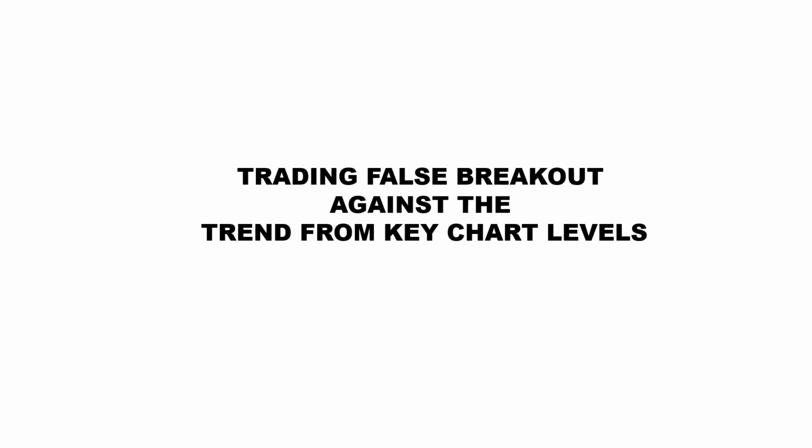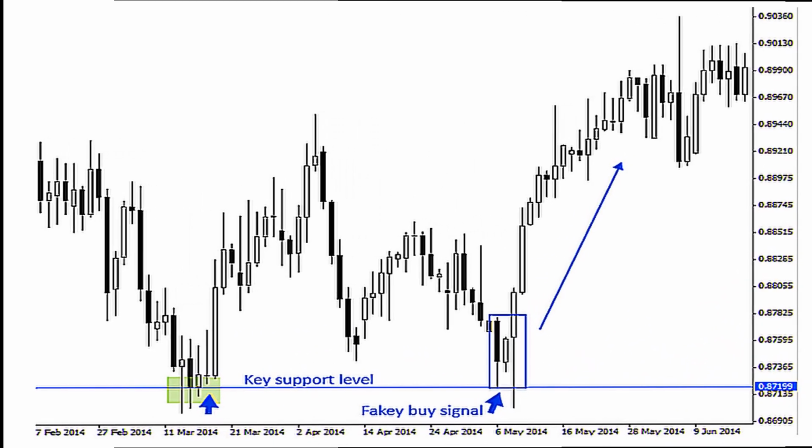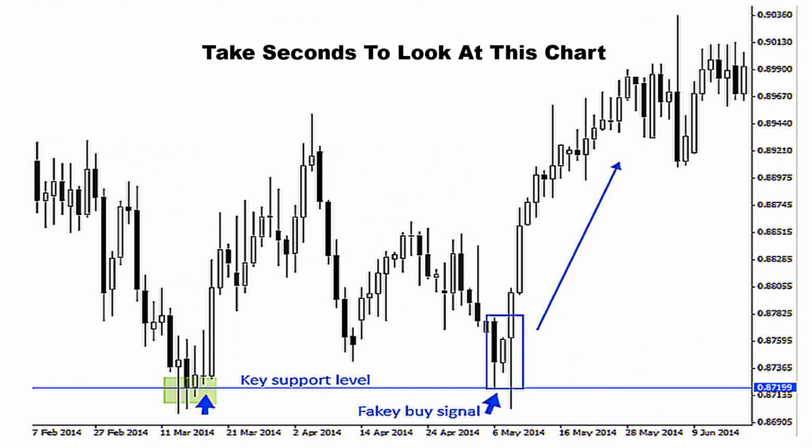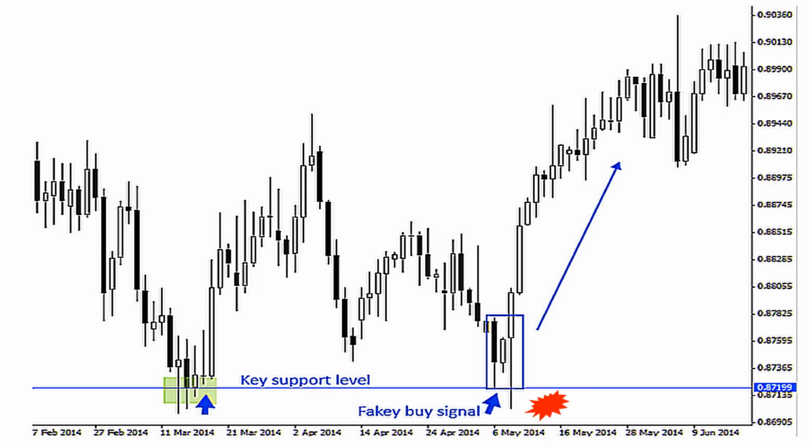Trading false breakout against the trend from key chart levels. The following example is of a counter trend.